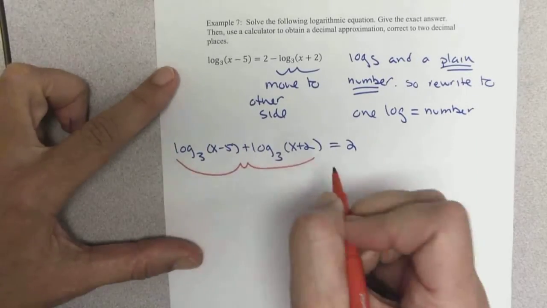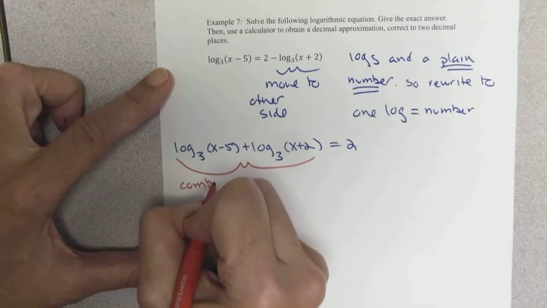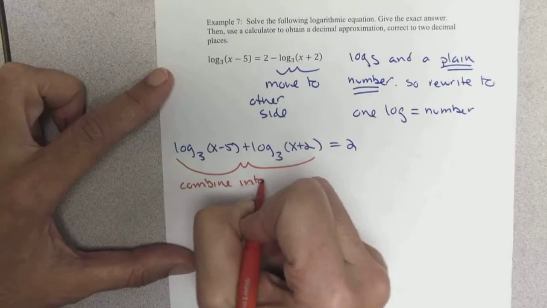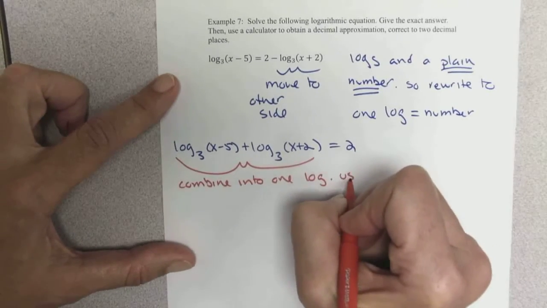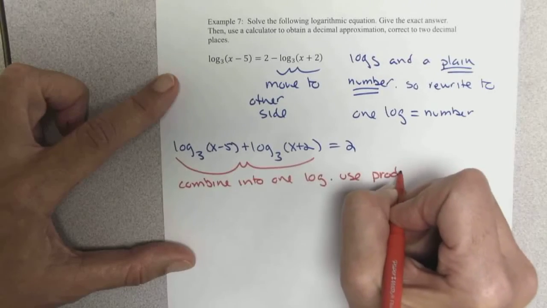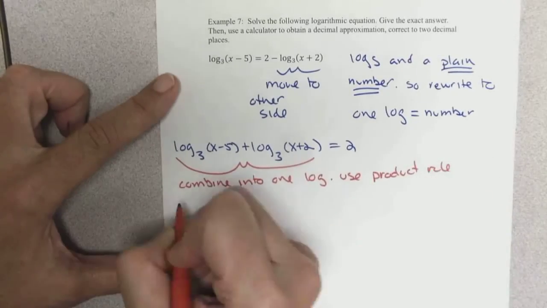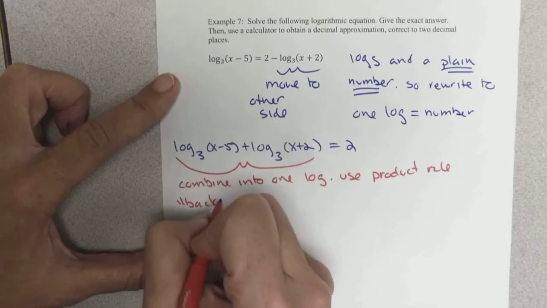So I've got to combine these into 1 log. Use the product rule, quote unquote, backwards.